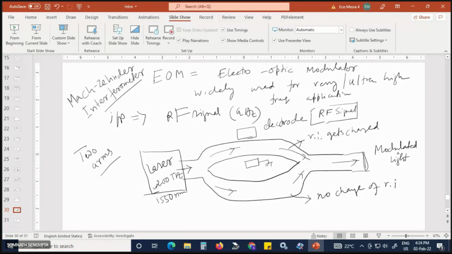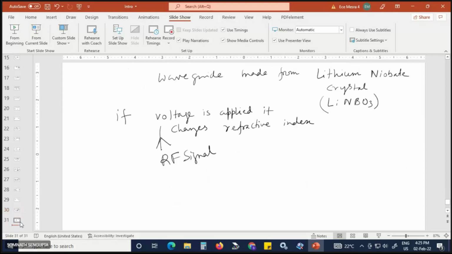So due to this refractive index change, the phase gets changed. So one light, say this is P1, has a different phase than P2.